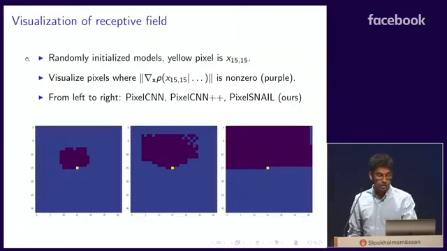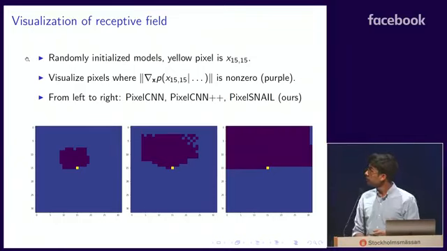Then we can visualize the dependencies that this model is learning. We took a randomly initialized model and looked at the prediction at that yellow pixel in the middle, and we look at the gradient of the output at the yellow pixel with respect to all of the previous pixels in the image. The places where this gradient is non-zero, we color dark purple.